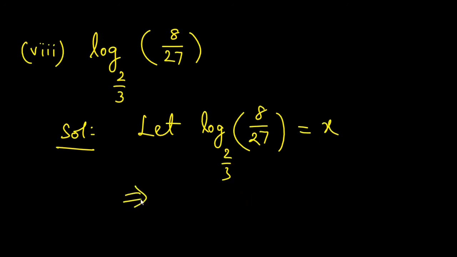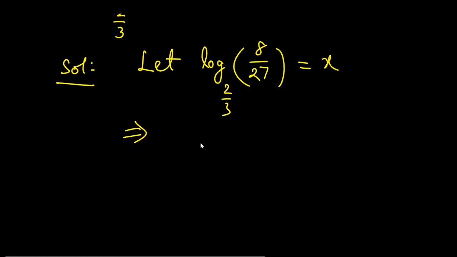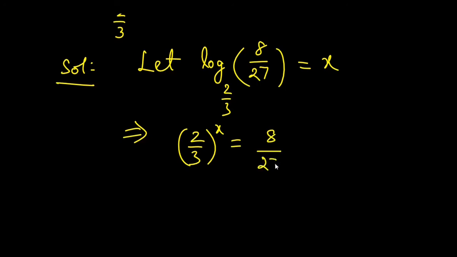Converting into exponential form, we get 2 by 3 whole power x is equal to 8 by 27. Now 8 by 27 is to be written as a power of 2 by 3. Here it is 2 power 3 by 3 power 3.